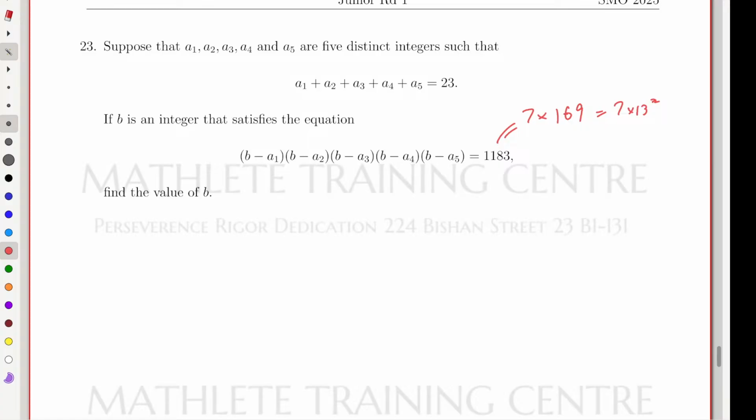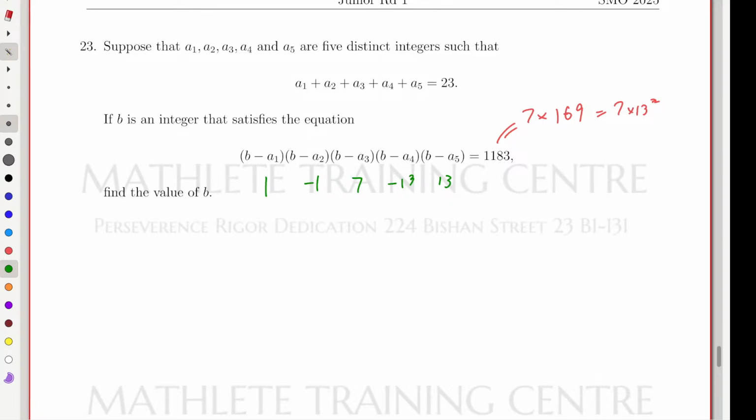But now with 7 times 13 squared, you only have 3 numbers here. Where are your 5 numbers? Well, that's where the question comes in with the fact that they can actually be negative. If you choose to have negative numbers here, then you can do 1, minus 1, 7, minus 13, and 13. And this will give you 7 times 13 squared.